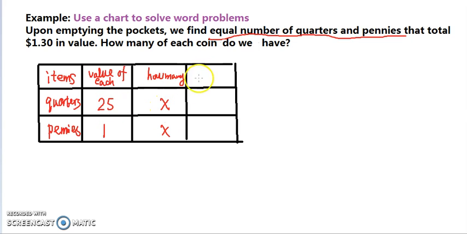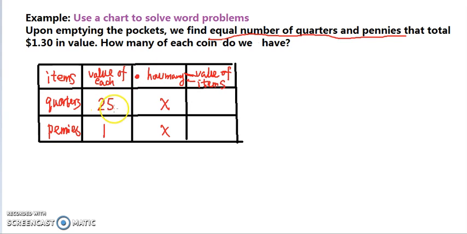Next, since we know the value of each quarter and how many quarters we have, we can find the value of the items. The value of items equals the value of each one times how many we have.